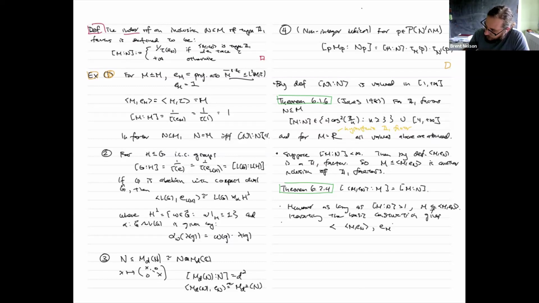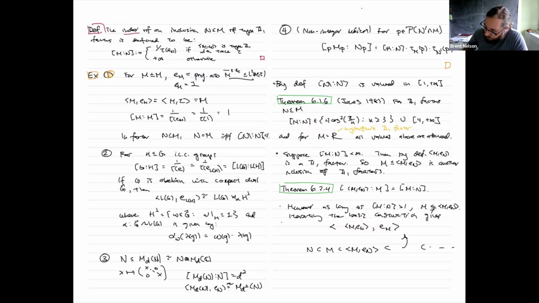the von Neumann algebra generated by the basic construction and the projection onto this copy of M. So let's say we do this over and over again. We have M sitting inside of N, sitting inside of the first basic construction, sitting inside of this thing, and so on.